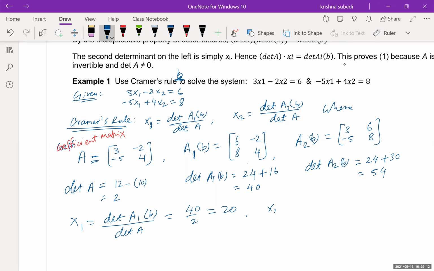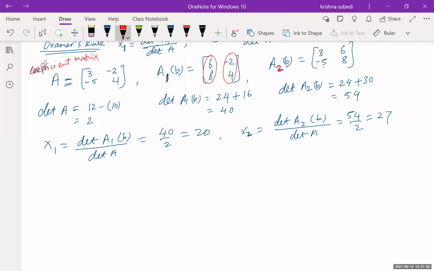And x2 equals, the formula is determinant of A sub 2 b over determinant of A, which is 54 over 2, that's going to give me 27. Done. This is all about Cramer's rule. Do you have any question? So we got x1 is 20 and x2 is 27 using Cramer's rule.